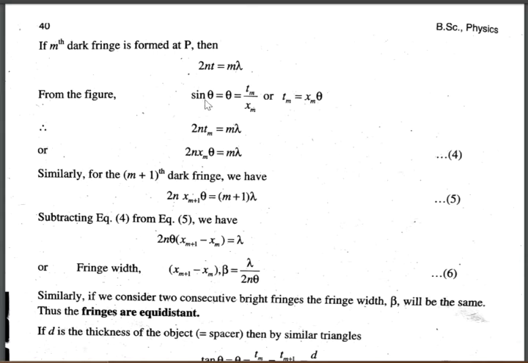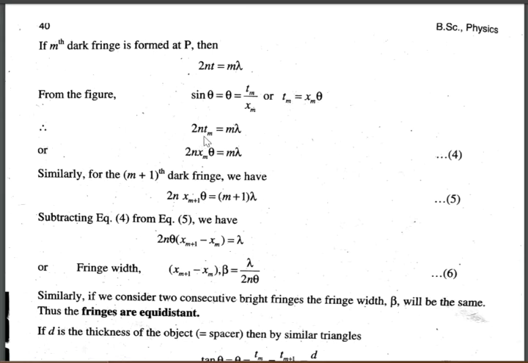From the figure, sin theta we can approximate as theta when theta is small. It is Tm by xm. From the right angle triangle, you can write sin theta as opposite by hypotenuse. So sin theta is approximately equal to theta, which is Tm by xm. Therefore, Tm is xm into theta.